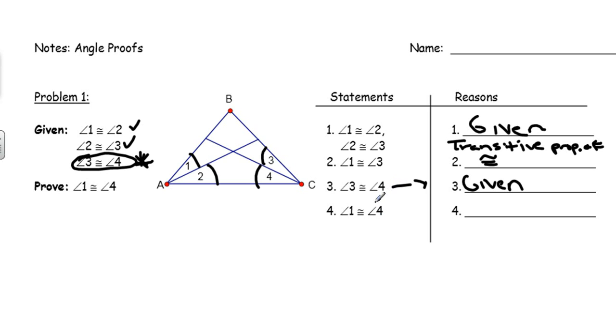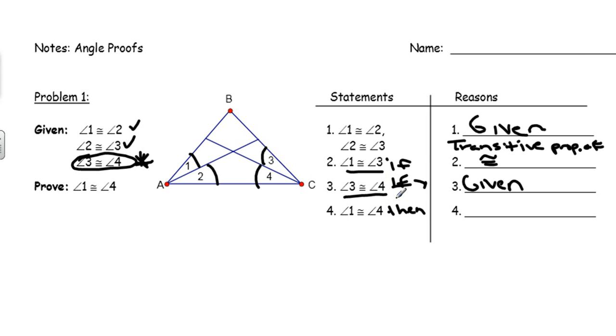Well, once again, I need to look for a pattern, and these are really hard because it's not as straightforward as the segment addition ones or the algebraic proofs. These you really have to search for, and you'll start to do them over and over and you'll get a feel for it. But I'm going to take my angle 1 is congruent to angle 3 and make that an if. I'm also going to make this my if, and then my final conclusion is that angle 1 is congruent to angle 4.